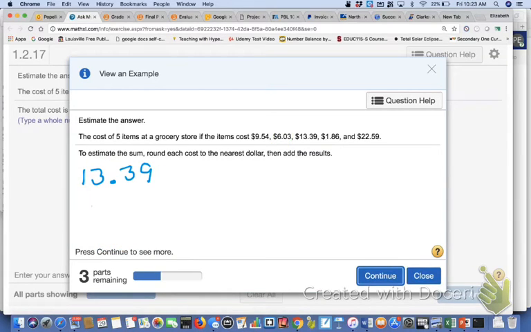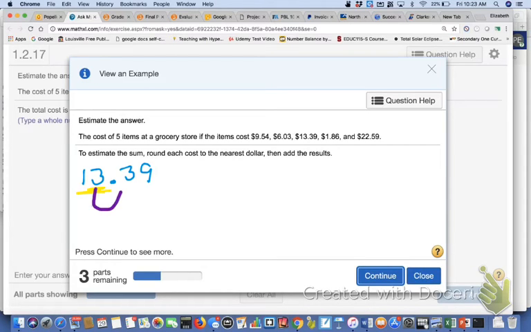Okay, now for the next one, $13.39. In this case, we are trying to decide, are we going to round this $13 up to $14, or are we going to leave it the same as $13? Basically, are we turning this 3 into a 4, or are we leaving it as a 3?